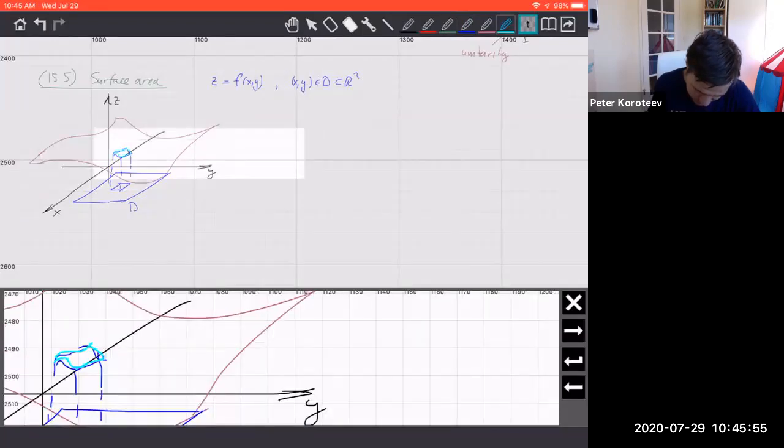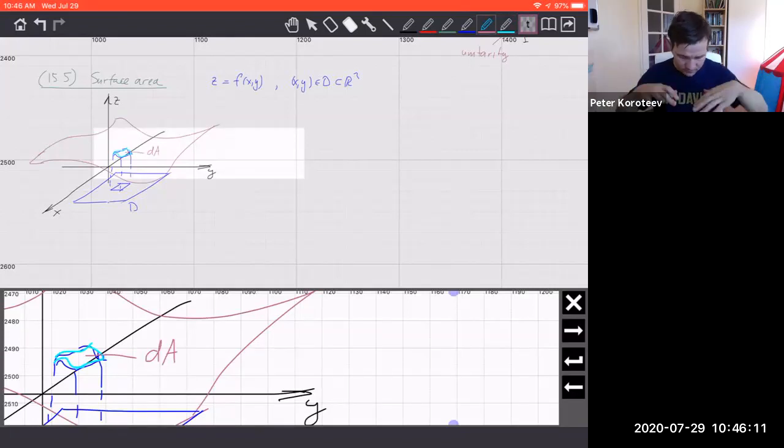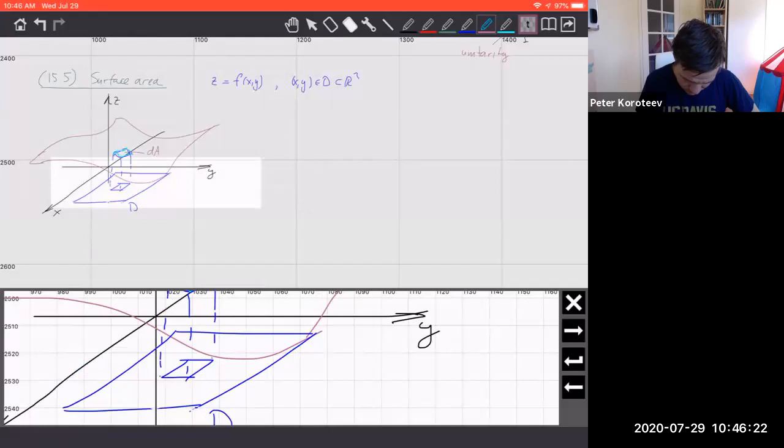So our task first is to calculate this infinitesimal small area, right? And then integrate over the whole set D in order to find the full area, right? So clearly the area here is just delta x, delta y.